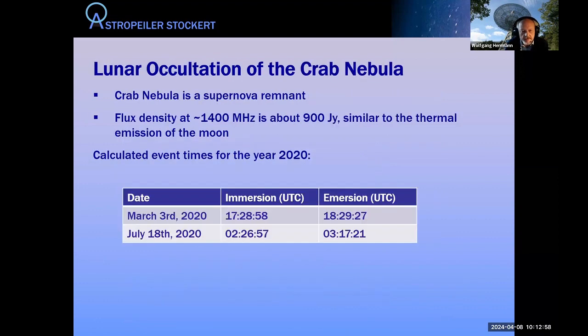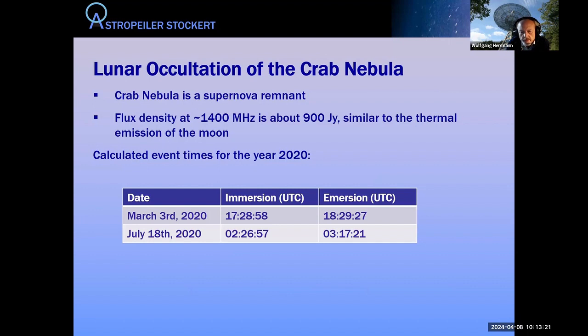Having said and explained our observation strategy, let's go to the actual observations that we did. We have 3 objects where we have so far observed the lunar occultation. One of them is the Crab Nebula, which is a well-known supernova remnant.